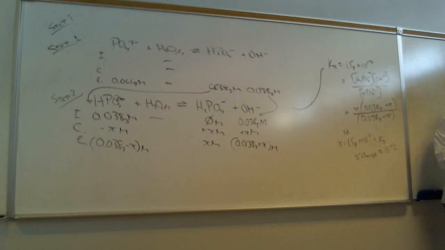And so would you use that as a rule? If you have a 10 to the minus 7 K, then the simplifying assumption works? Because the initial is so small too. The initial's kind of small, so maybe it wouldn't work. The initial being small hurts you. So why do you expect it to work especially well in this case? Is it just based on the K alone, or is there another factor?